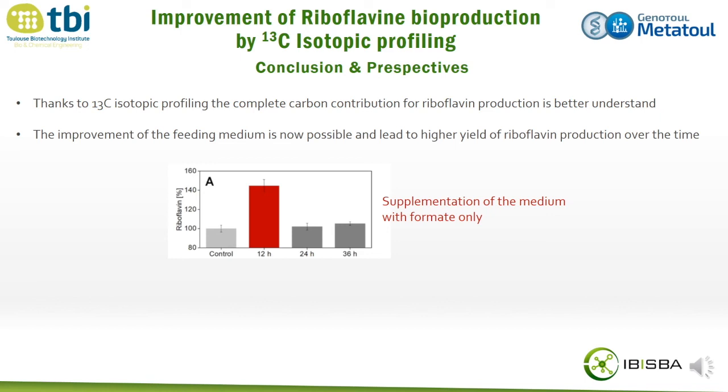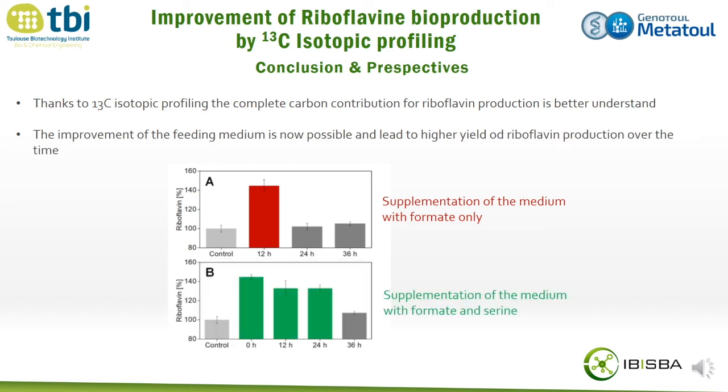Indeed, with supplementation of the medium with formate only, we increase the production yield up to 140% during the first 12 hours. Nevertheless, if we add serine and formate into the medium, we maintain this production yield up to 24 hours, which is really promising.